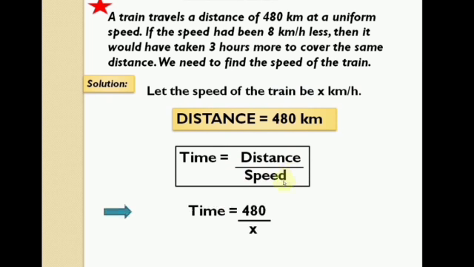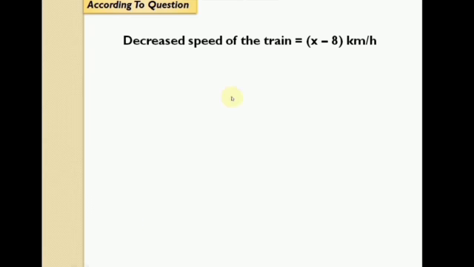So time will be 480 upon x. Let us denote this time by t1. T1 equals 480 by x. According to the question, the speed of the train is decreased, as given in the question: x minus 8 kilometer per hour. Obviously time will increase.